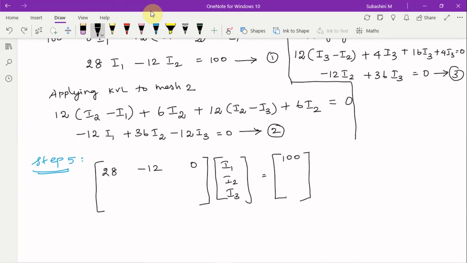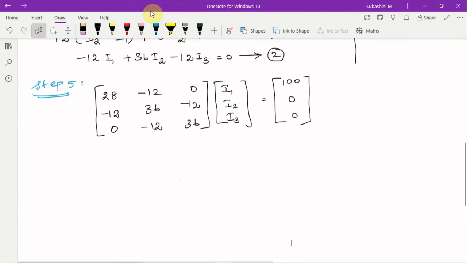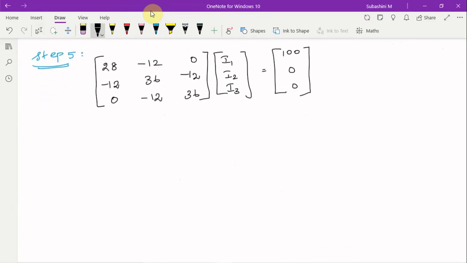Now considering the second equation, we have minus 12I1 plus 36I2 minus 12I3 is equal to 0. And considering the third equation, 0, I1 coefficient is not there, therefore I am putting 0, minus 12 and 36 is equal to 0. By solving this matrix, I will be getting I1, I2 and I3.